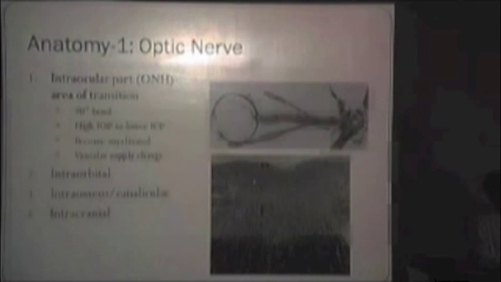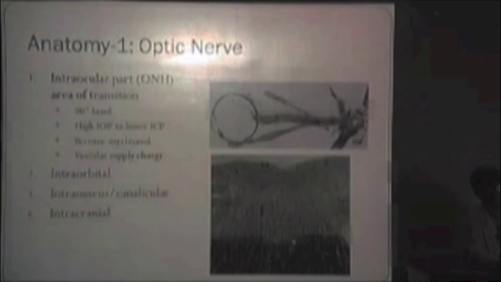It's at this part that the axons travel from a relatively high pressure, that's the intraocular pressure part of the eye, to the relatively lower intracranial pressure surrounding the optic nerve, in the intraorbital part. Third, there is a sharp edge where the axons become myelinated. And fourth, the vascular supply also changes as it traverses this part.